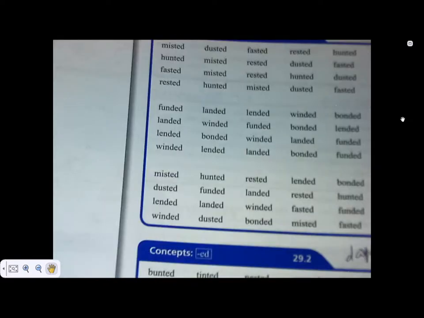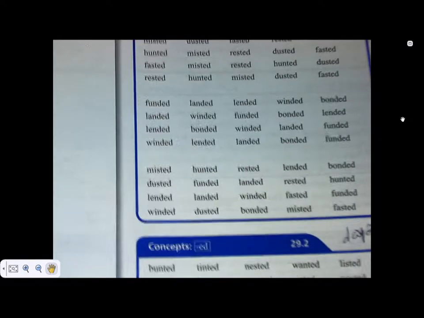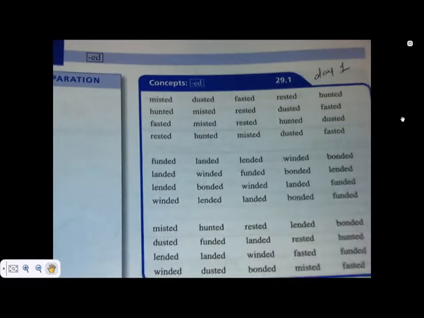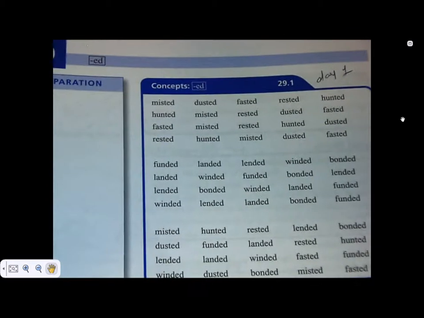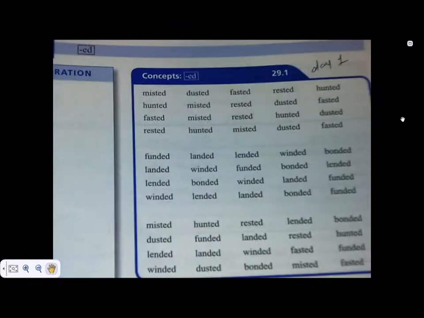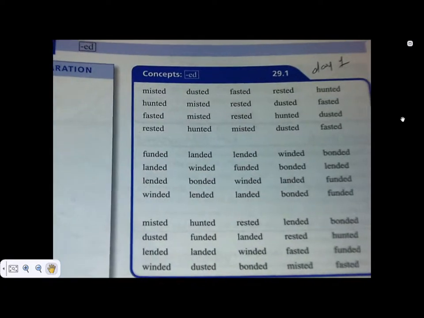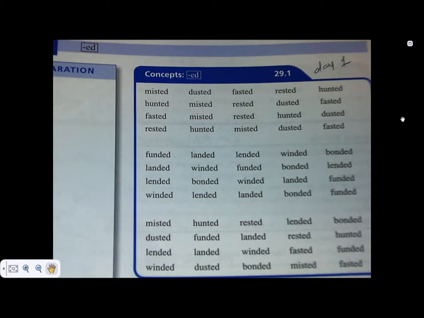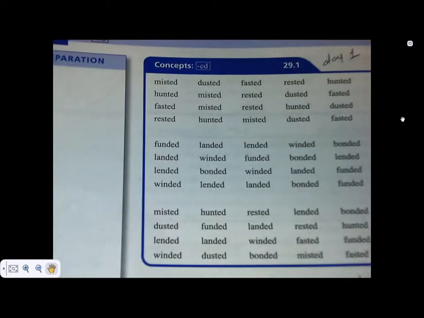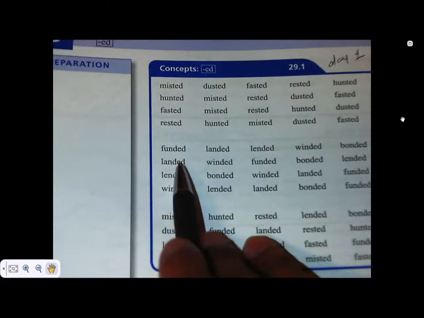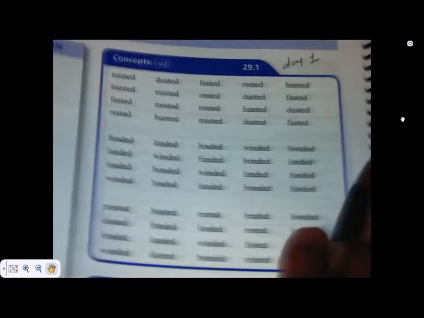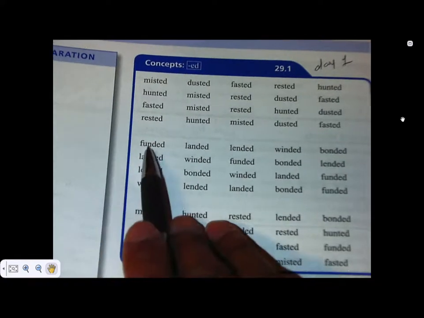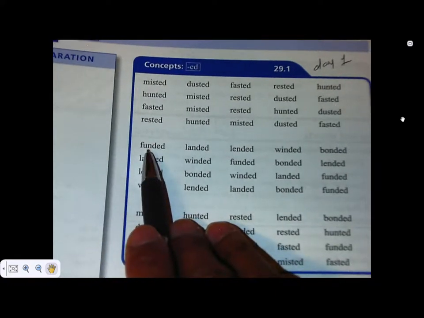This practice is not necessarily about sounding, but eventually as we read, we want the coding to be quick. We want to be able to just read the words without all the stumbling. So here we go. You just follow with me, please. The first row, we're going to do this middle row right here.